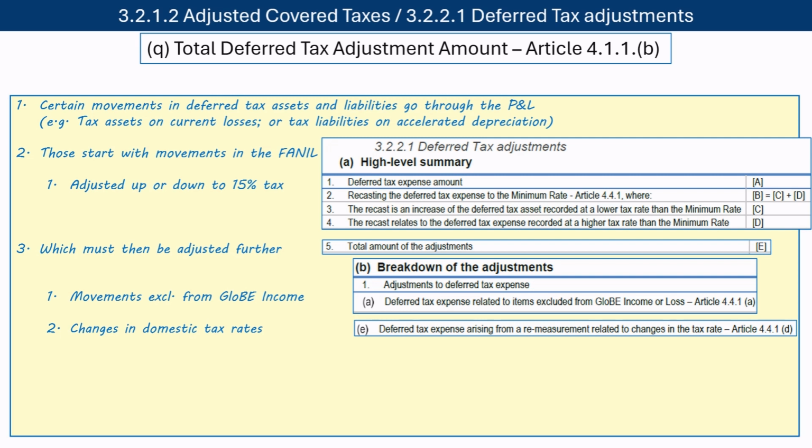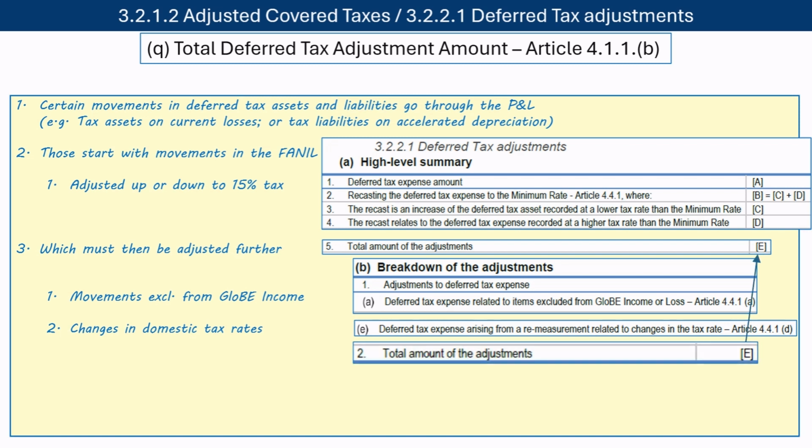So if your commercial rate now goes from 25 to 20 and you decrease your commercial tax assets because now you don't have that much tax savings going forward, that's only relevant for your commercial accounts. It's not relevant for your GloBE accounts. So that we need to take into consideration. And then you get your total amount of adjustments that you need to be making. And you can see that's the amount E that we've got here under 0.5 above in letter A of the tables.